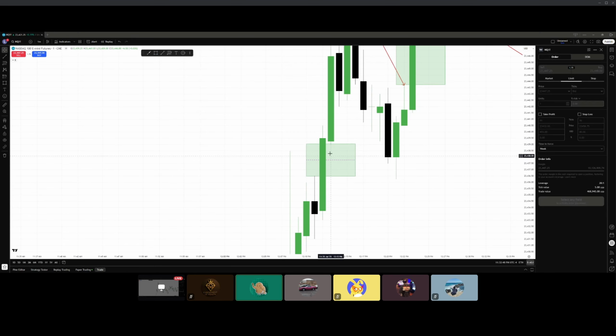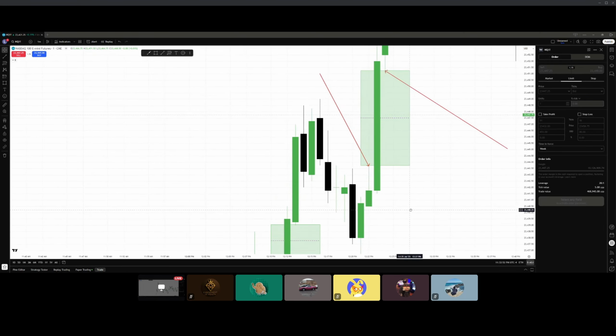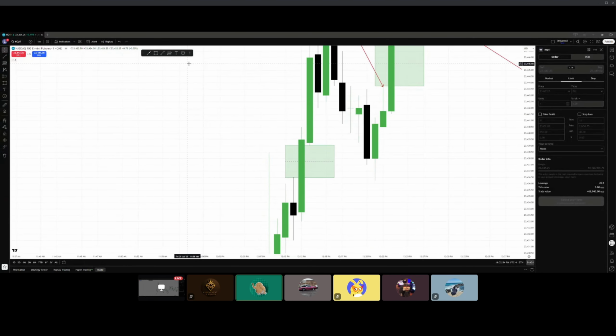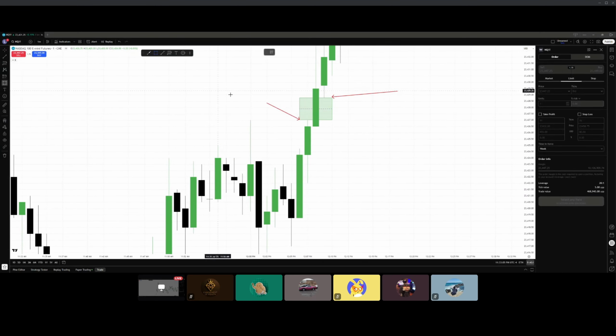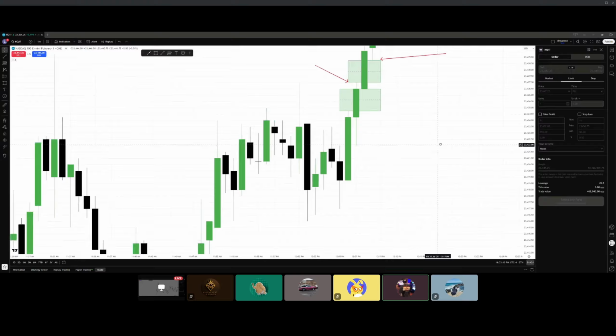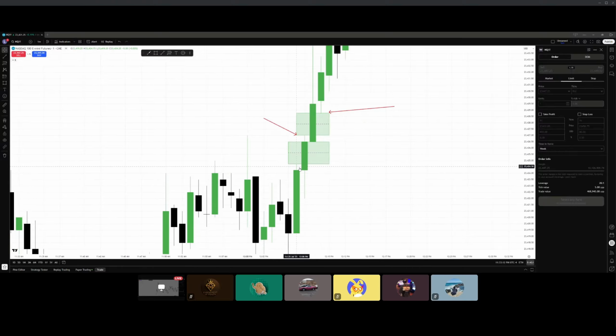It's the gap between these two wicks on the candle. So it's this one and then this one. Come down more. You got a wick here. You got this fair value gap as well. It's the space in between the candles.